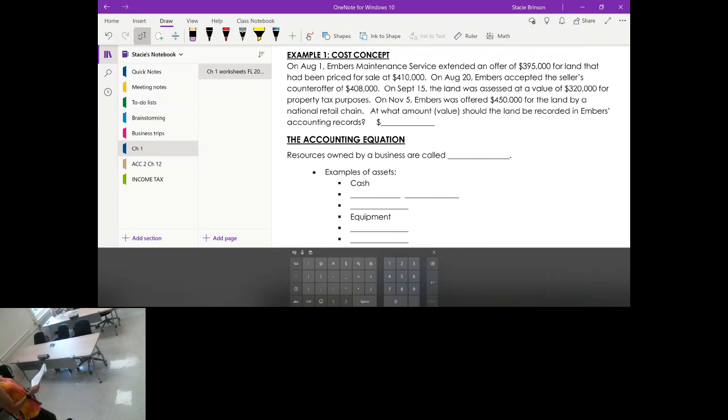And then on November 5th, Embers, who had just bought the land, was offered $450,000 for the land. So somebody comes in and says, hey, I want that piece of land, I'll give you $450,000 for it. Well, that's telling you that's the market value. That's what someone's willing to pay you for it. Is that what you paid for it? What did you pay for it?